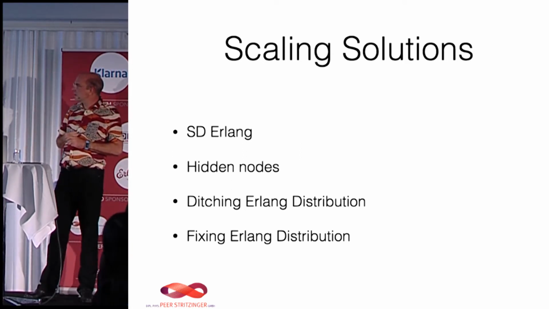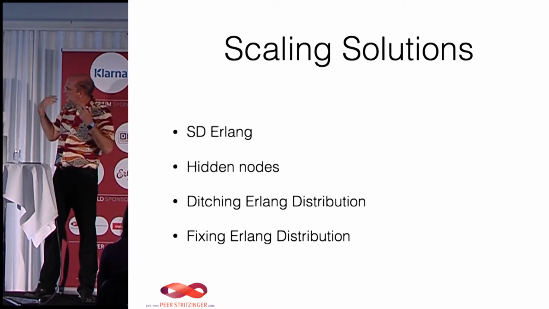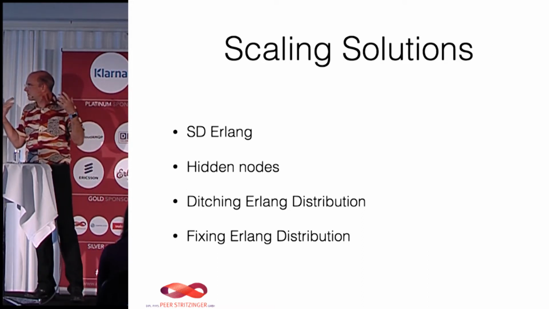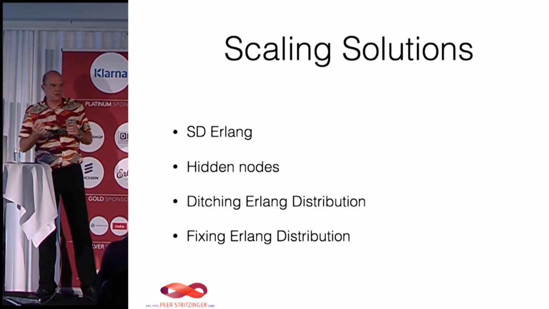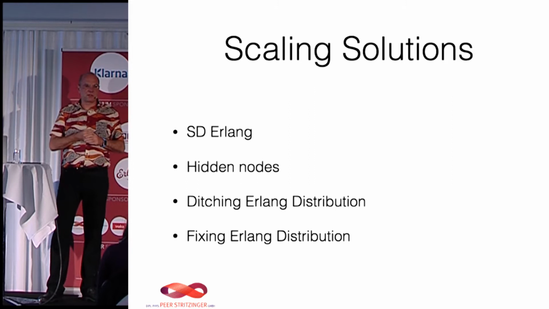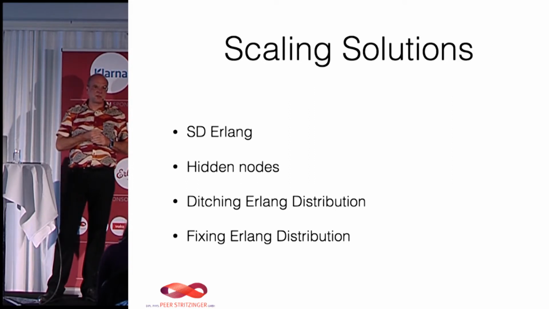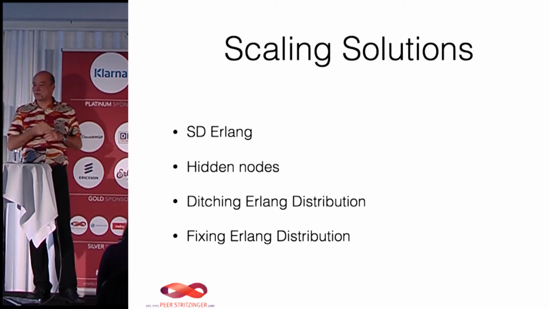So how can we actually stay with Erlang distribution and scale up? There was one thing that was already presented at this conference in the past, a result of research called SD Erlang, Scalable Distributed Erlang. We checked it out, and I talked about it already.